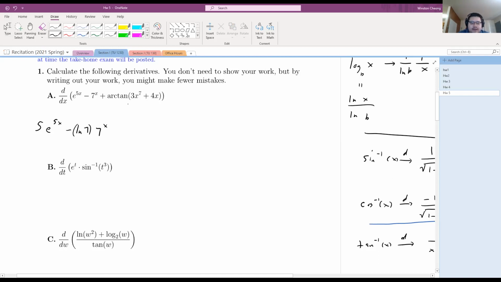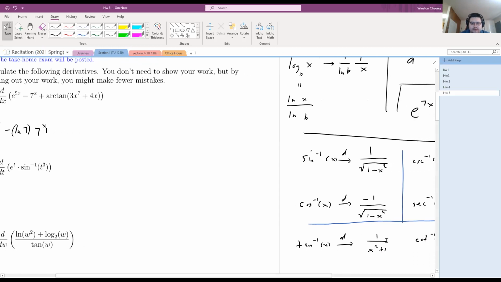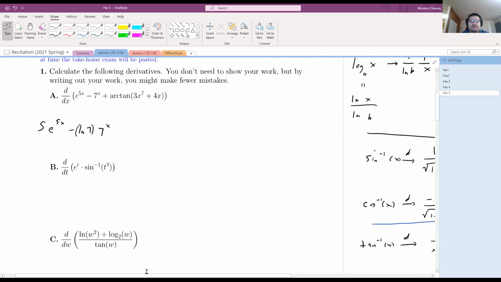Okay. Now this one is a little bit trickier. We have an inverse tangent function, arctangent, so you have to remember how that formula works. You do 1 over 1 plus, and then the quantity gets squared, so this whole inner function is going to get squared. But this is also an inner function, so you have a chain rule.